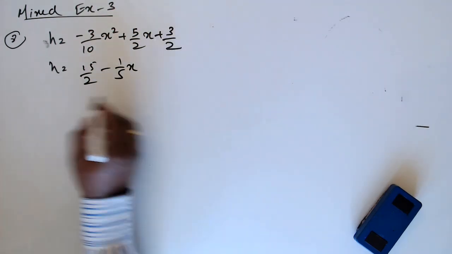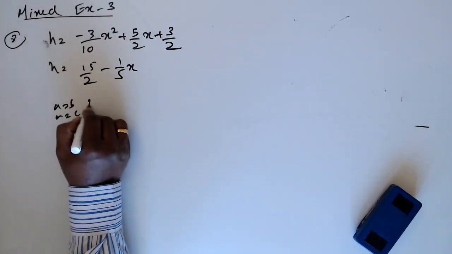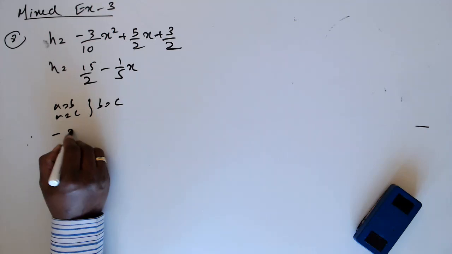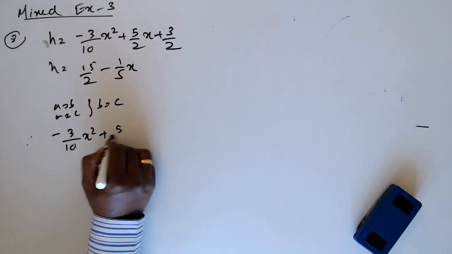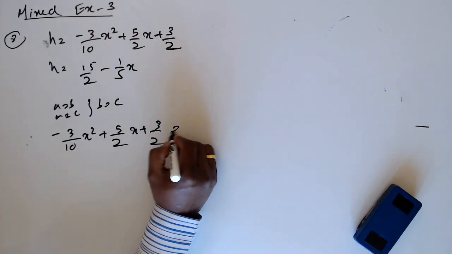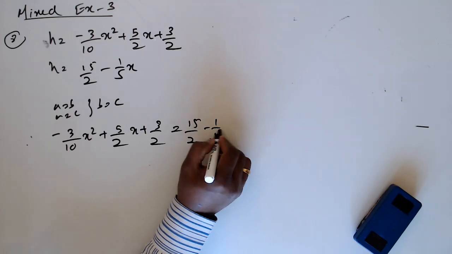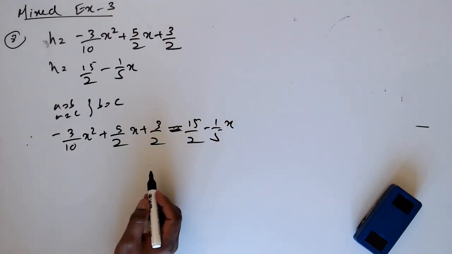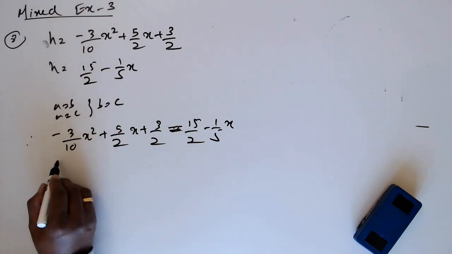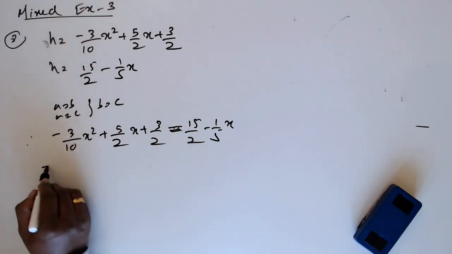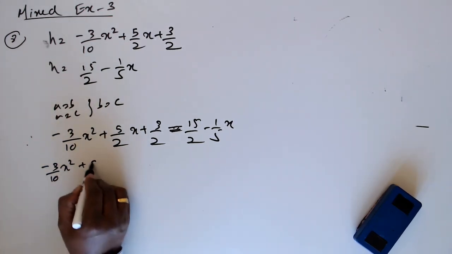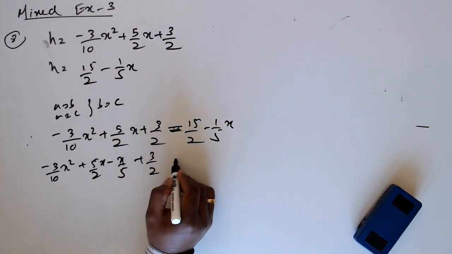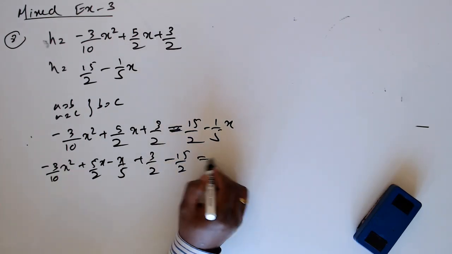I simply go a equal b, a equal c, then b equal c option, hence minus 3 over 10 x square plus 5 over 2 x plus 3 over 2 equals 15 over 2 minus 1 over 5 x. Then we bring to this side: minus 3 over 10 x square plus 5 over 2 x plus x over 5 plus 3 over 2 minus 15 over 2 equals 0.